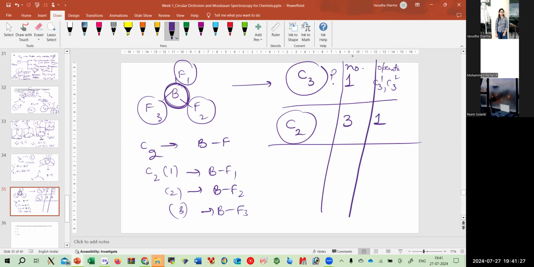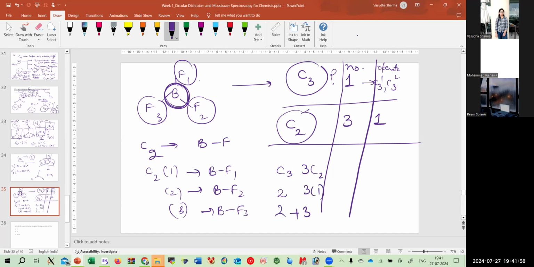C3 is only one in nature and gives you two operations. Three C2s give one operation each, so 3 into 1 gives 3.